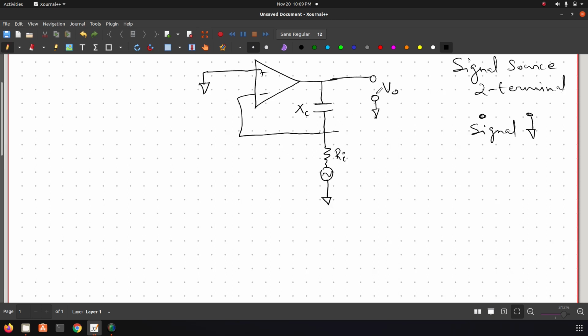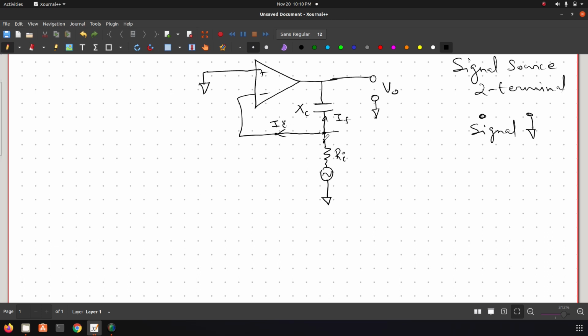Next, our aim is to find the output voltage. For that we use the earlier method we used for the inverting amplifier. We argue that the input current is equal to the feedback current. Since this is a virtual ground and the input impedance of the inputs is very high, the current cannot go this way.